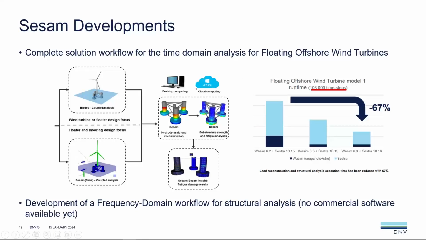And something that I mentioned that's quite important as well is the fact that this is enabled by the cloud. Because we have such large numbers of data to deal with, it's quite interesting to use the cloud to make use of as many CPUs as possible for these calculations.